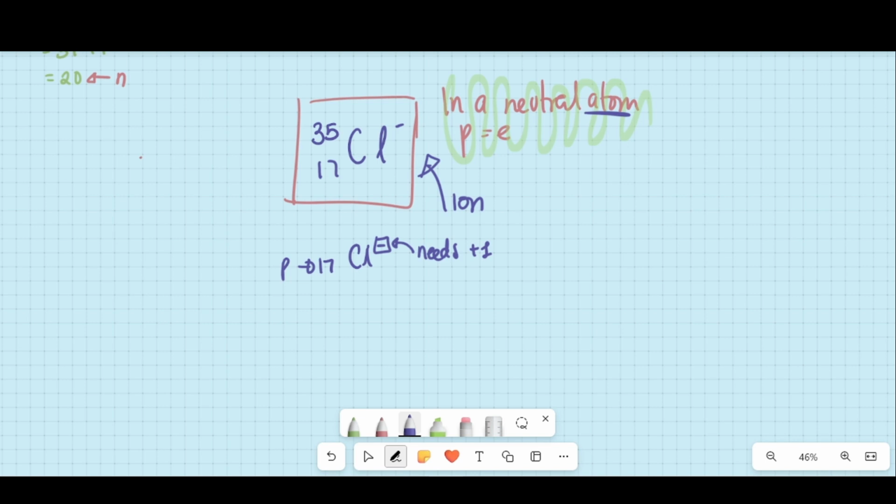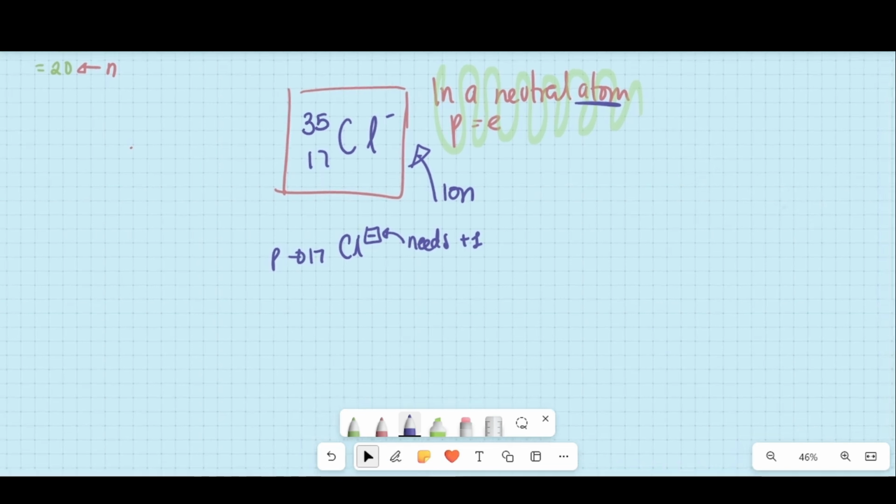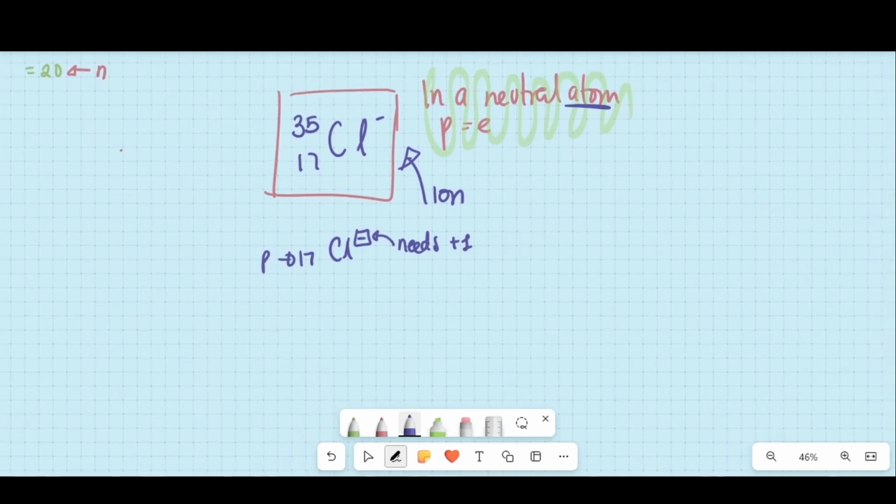Why do atoms want electrons from other atoms? Because they want to fulfill a full outer shell of electrons, so that they are stable. Chlorine here is asking for one. Normally it would have 17 electrons, but it's asking for one, so the actual number of electrons in chlorine minus is 18.